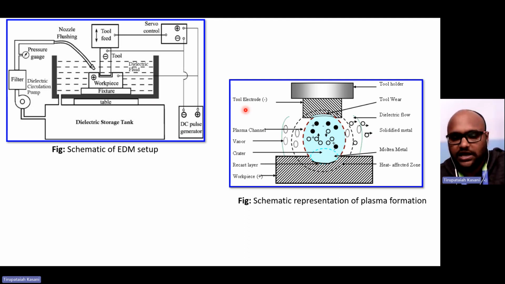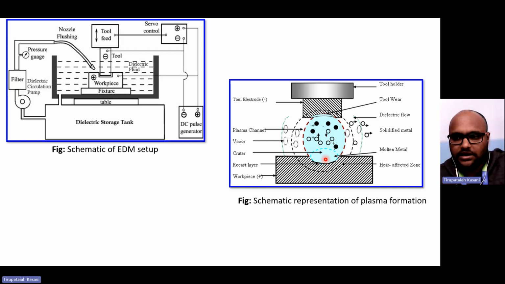Of course, there is a dielectric medium flow, so the metal that is melted will be taken away by the dielectric medium. These are the solidified metal particles removed from the workpiece only. This is the dielectric flow due to the nozzle here. Due to the nozzle, the flow is always there. What about this vapor? Here, due to the spark, the metal is melting.